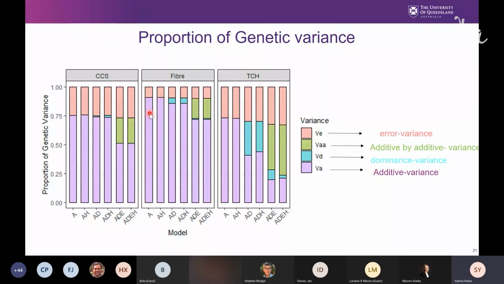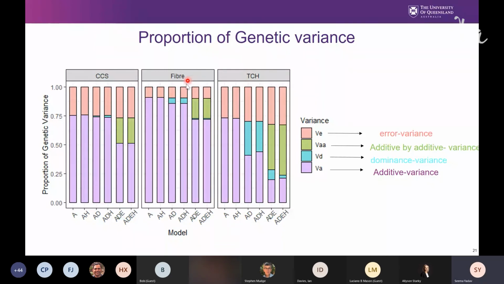As compared to TCH, if we look at the CCS, when we use the dominance in our model, there is not much effect. That means dominance does not really affect the sugar content. But when we use the heterozygosity and the epistatic in the model, the dominance is almost gone, it's negligible, and some of the variation which comes from additive is due to additive interaction effects.